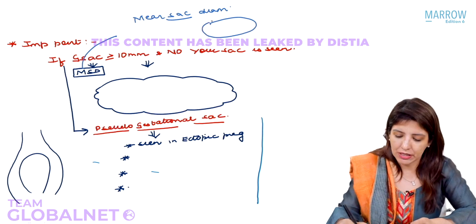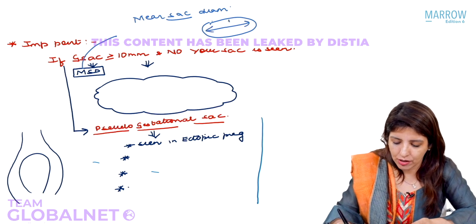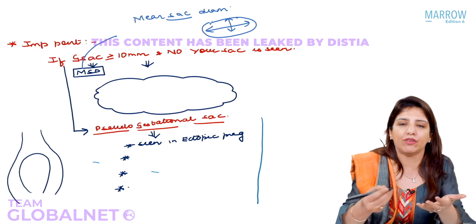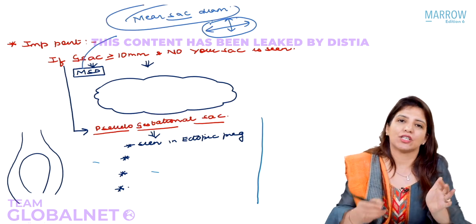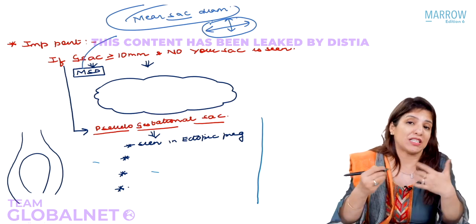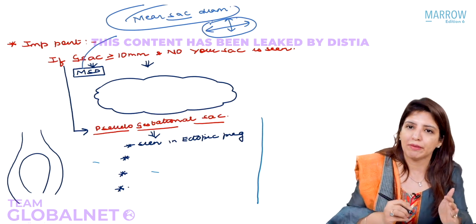Mean sac diameter means if this is the gestational sac, you are measuring the length, the breadth and the width and you are dividing it by 3 and whatever value you get is the mean sac diameter. So whether I say gestational sac is more than or equal to 10 millimeters or I use a specific term, mean sac diameter is more than or equal to 10 millimeters.